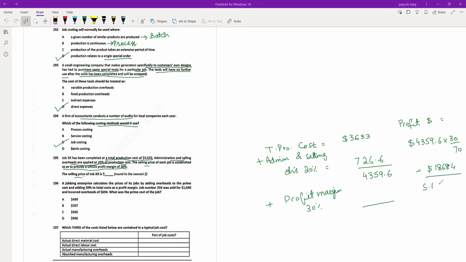Then we have selling price: 4359.6 plus 1868.4, 6,228 is the answer. So 6,228. Profit is 1868.4.